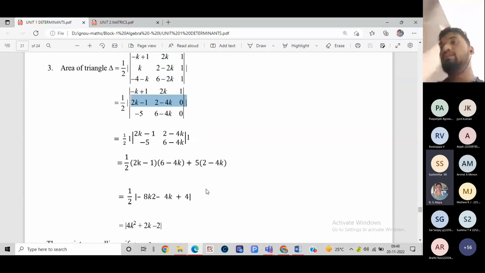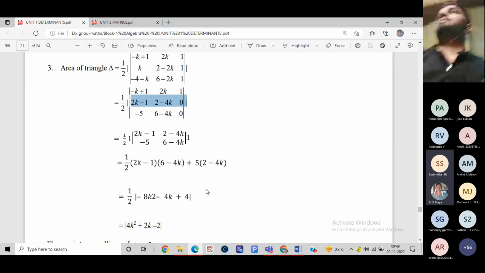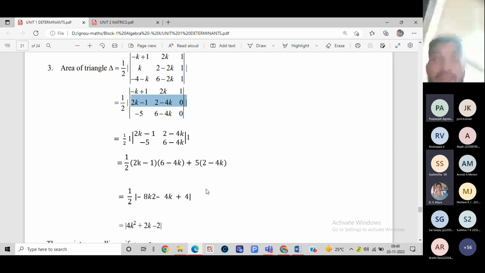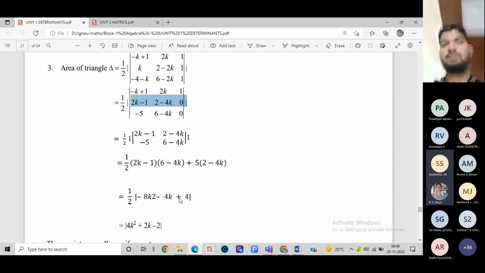Did all of you get it? 8 square minus 4k plus 4. After simplifying, all of you get this one: minus 8 square minus 4k plus 4.